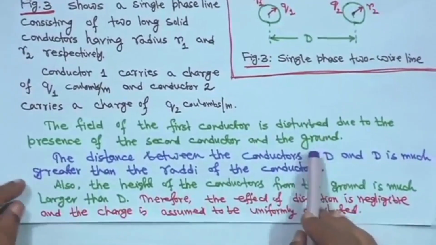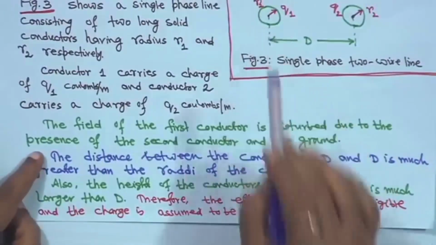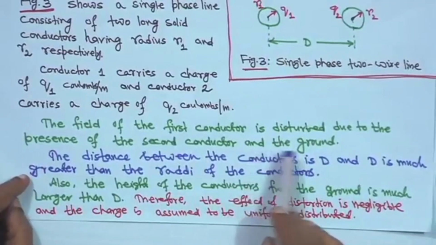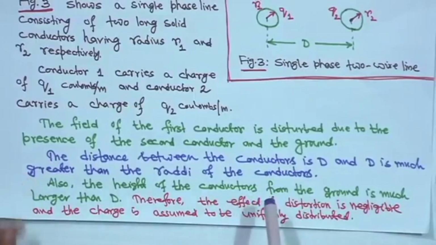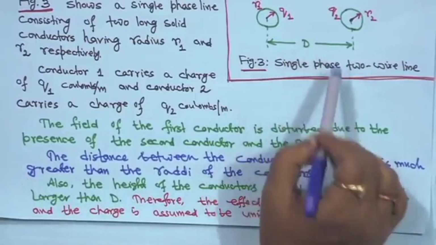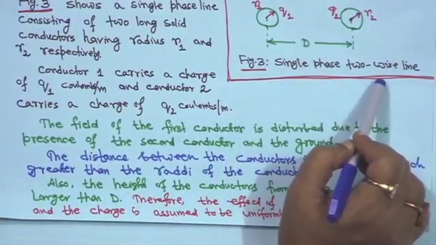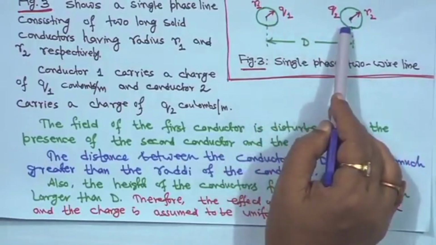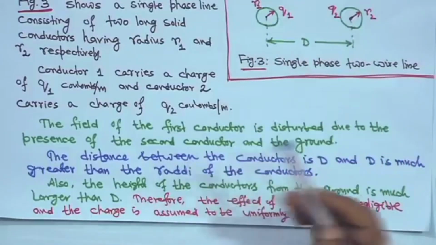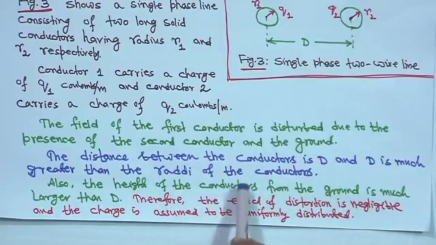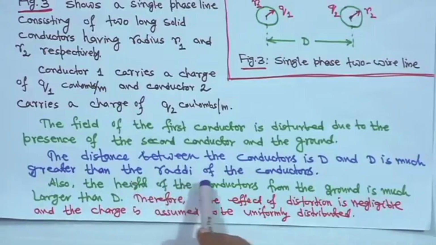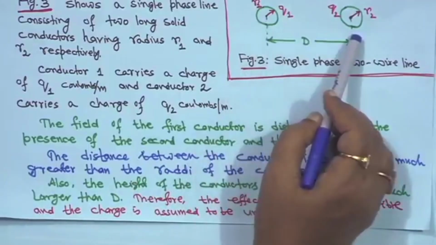The field of the first conductor is disturbed due to the presence of the second conductor and the ground. Basically, since we are considering a single phase two wire line, naturally the field of this one will be disturbed by this one as well as by the ground. Ground we will see later. The distance between the conductors is d, and d is much greater than the radii R1 and R2.